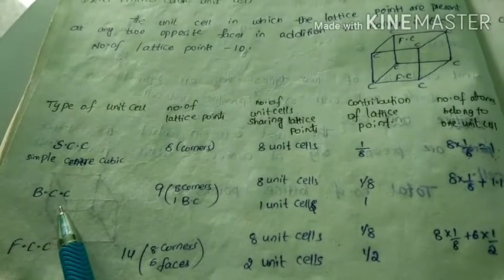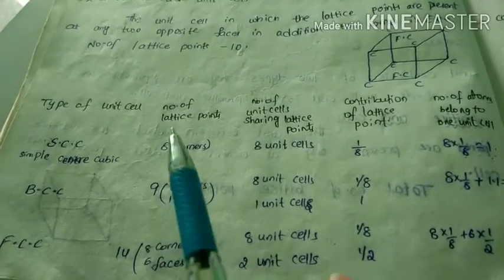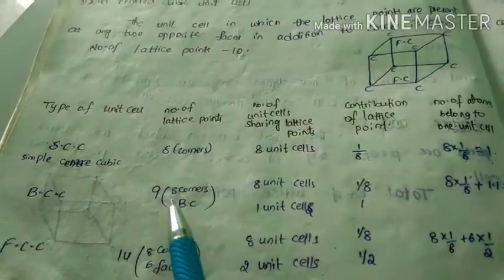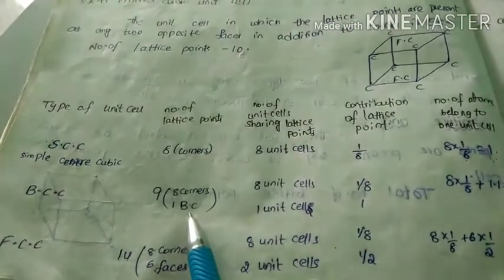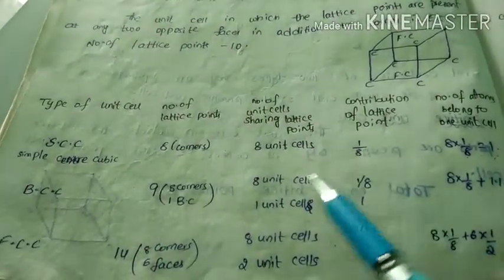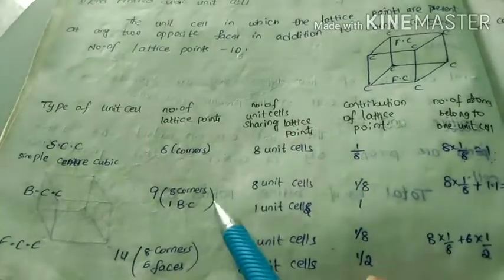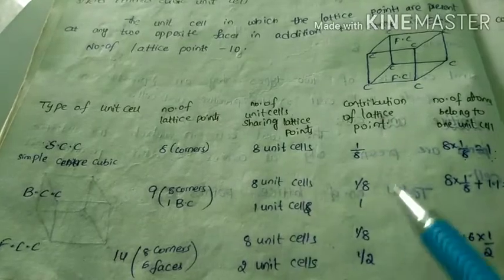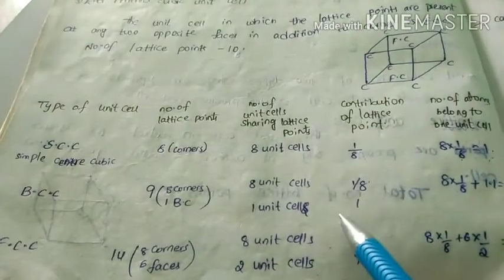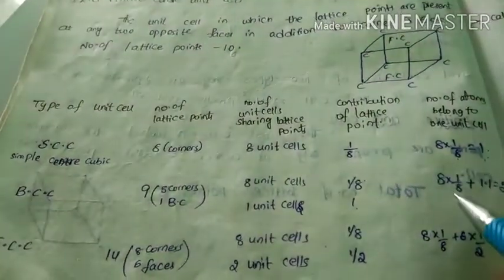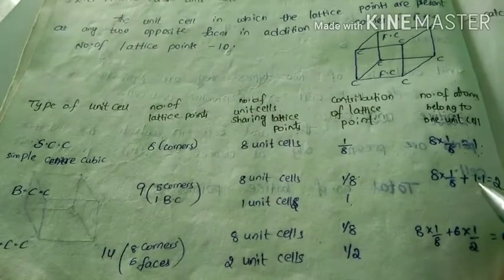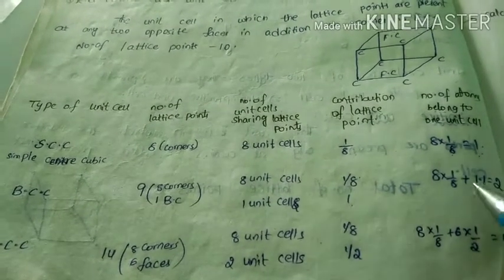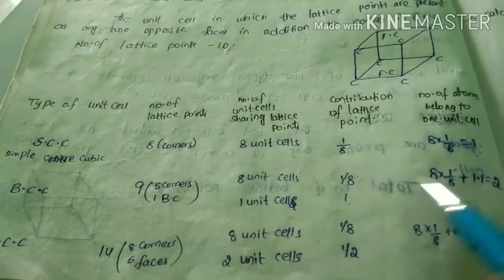BCC, body centered cubic unit cell. So what is the definition? 9 lattice points, that means 8 corners plus 1 body center. 8 plus 1, 9. Its sharing is corners 8 unit cells, body center 1 unit cell. I discussed already about this one. So here contribution is 1 by 8, for this contribution is 1. So total 8 into 1 by 8 plus 1 into 1. 8 into 1 by 8 means corners, 1 into 1 means body center.